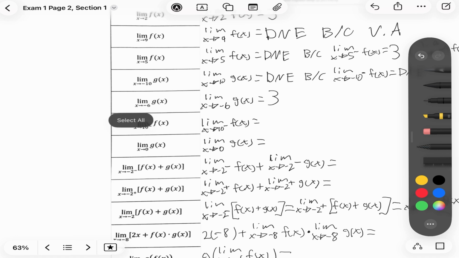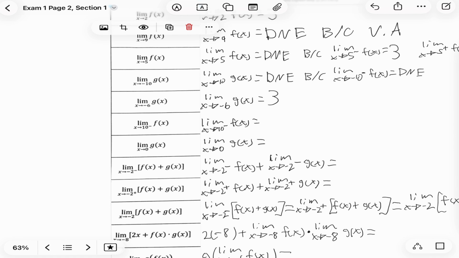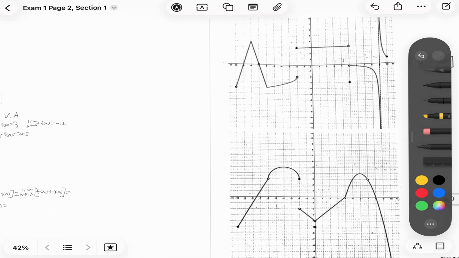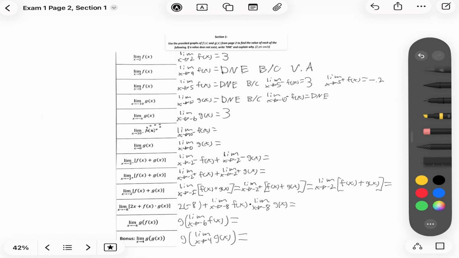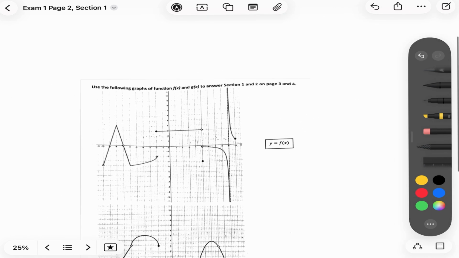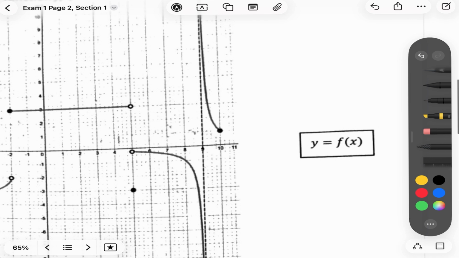Now our next one, limit x approaching 10 from the left side, because we have our little minus up here. We will be looking at our f of x graph this time. 10 from the left side, we can see that the answer is 1.